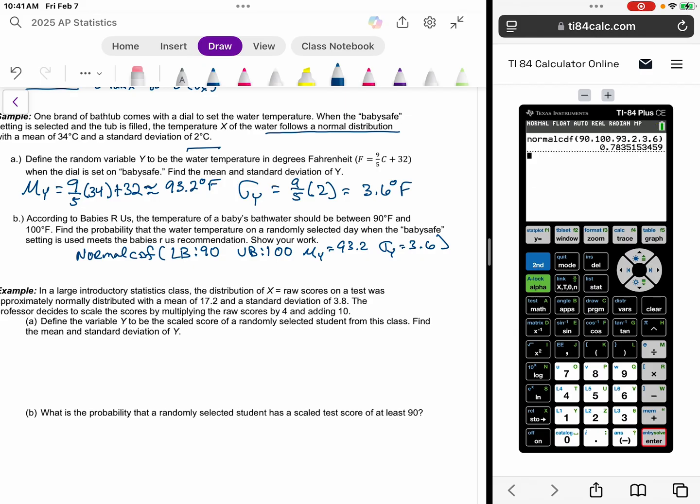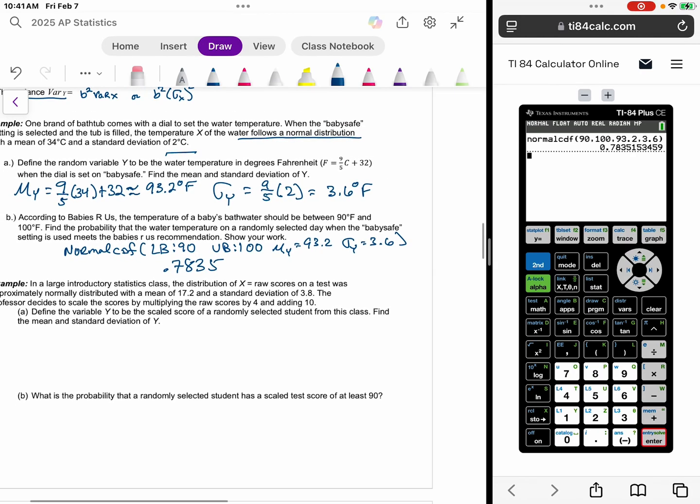And this tells me 0.7835. So when we look at it, find the probability of the water on a randomly selected day. On a randomly selected day, the water will be about 78% of the time between 90 and 100 degrees is what that's telling us.